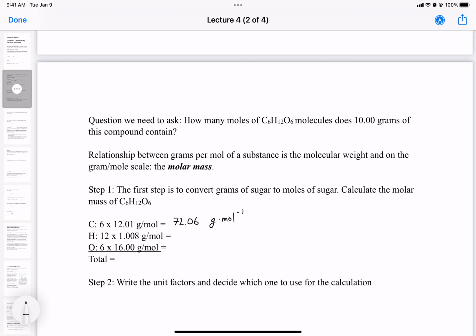Okay, hydrogen, going to be 12 times 1.008, that's 12.096 grams per mole. And then lastly, oxygen is going to be 6 times 16 or 96 grams per mole.